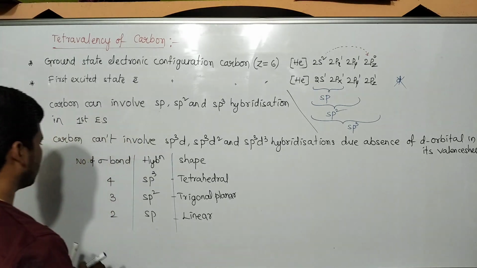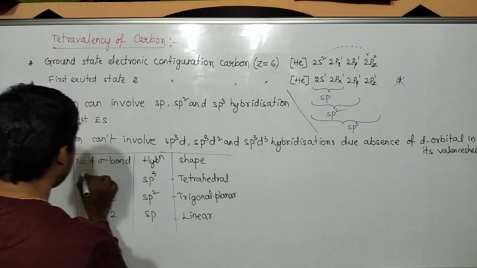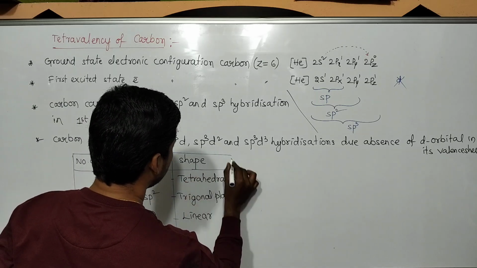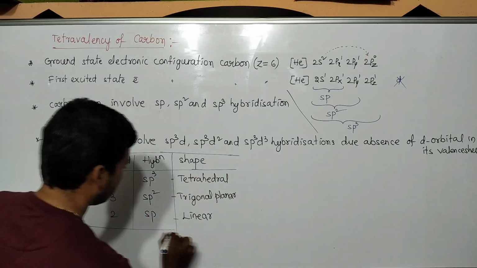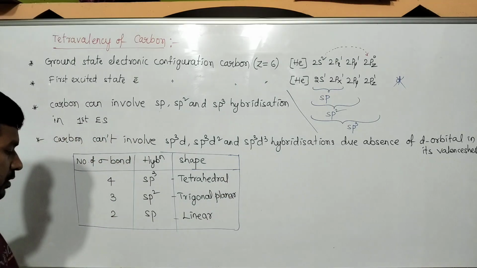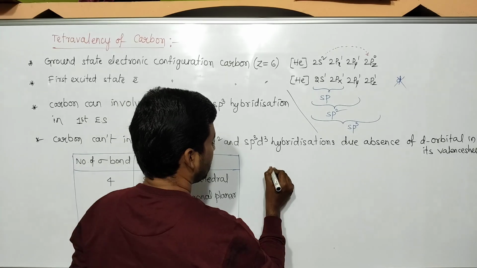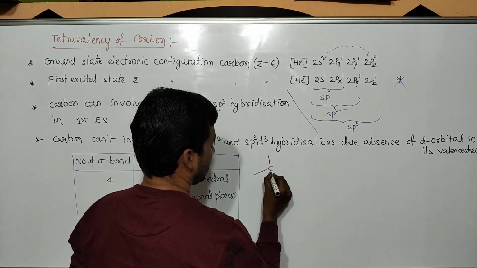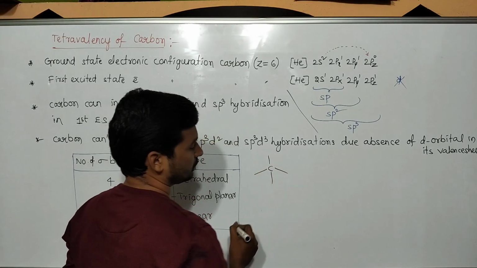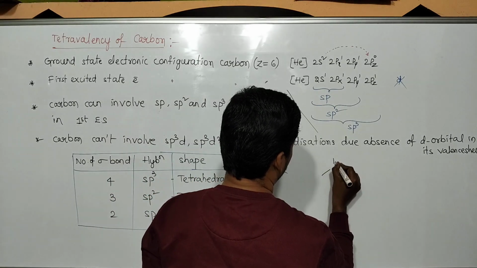So the arrangement of atoms on a carbon atom has only 3 types: tetrahedral, trigonal planar, and linear. See this. In methane or any other, there are 4 bonds, or like this in a carbonyl carbon.